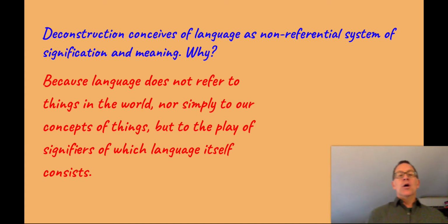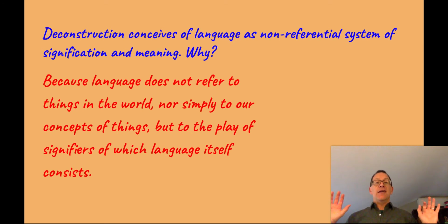Okay, so structuralism thinks of language as a non-referential system of signification and meaning, because language does not refer to actual things, phenomena, beings in the world, but to our socially constructed and ideologically inflected concepts of things.